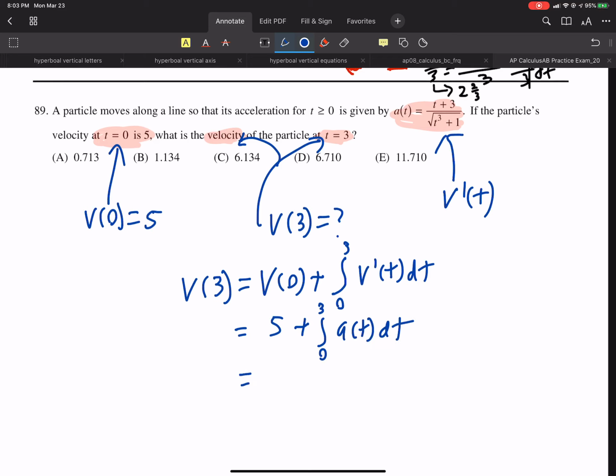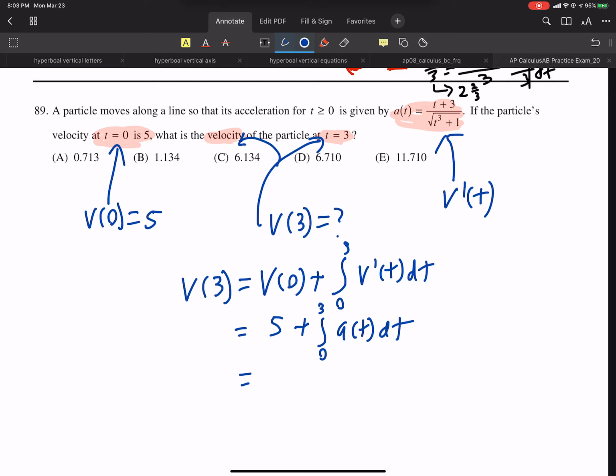So I'm just going to pop that in my calculator. I haven't done it yet. Forgive me. I'll do this as quickly as I can. 1t plus 3 square root t cubed plus 1, bam.